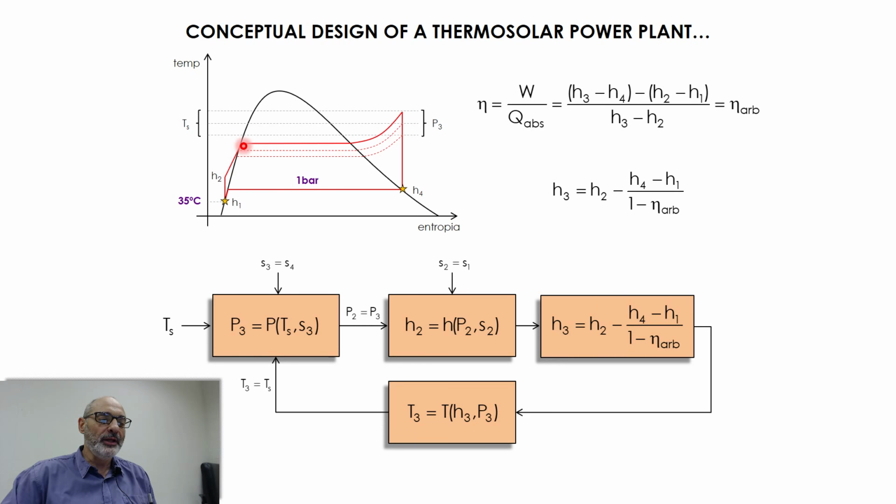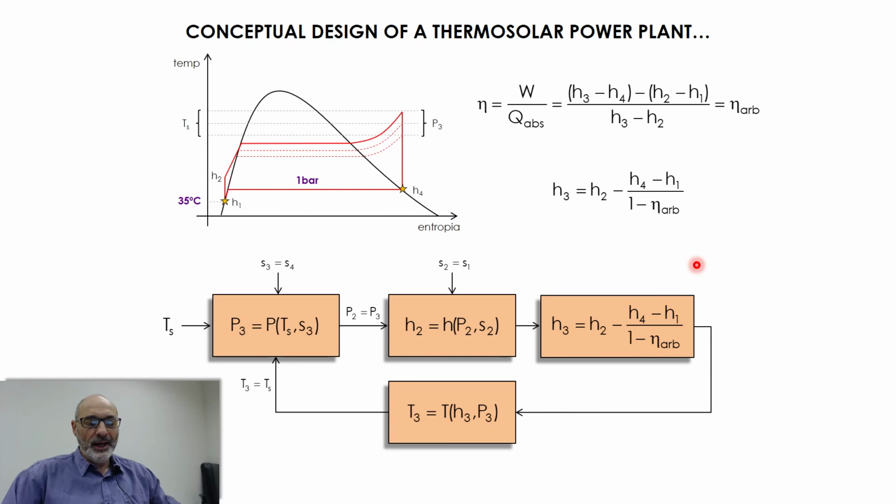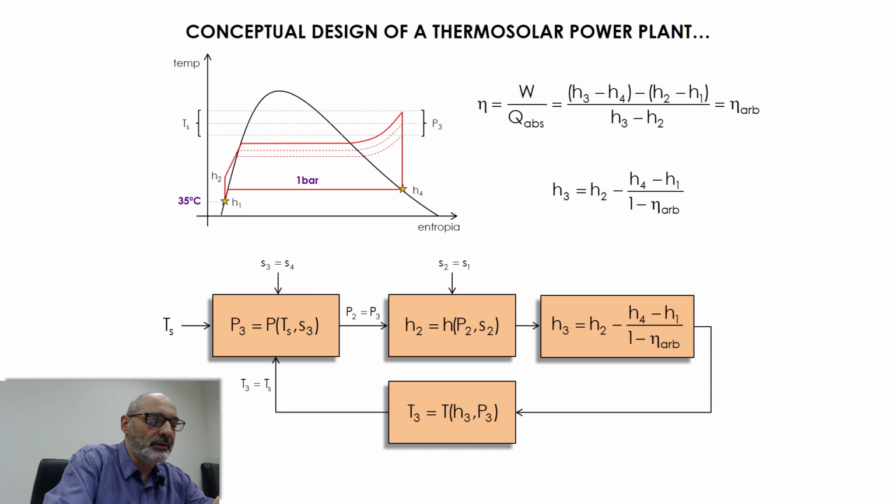And I know the amount of heat that is being absorbed because, as I mentioned, it's 57.14 megawatts. So what I have to calculate is the temperature Ts, which is equal to T3 actually. I should have written T3 here. I want to calculate this.